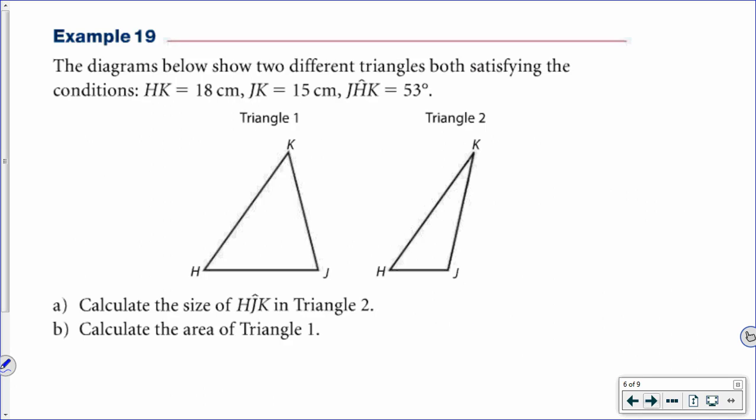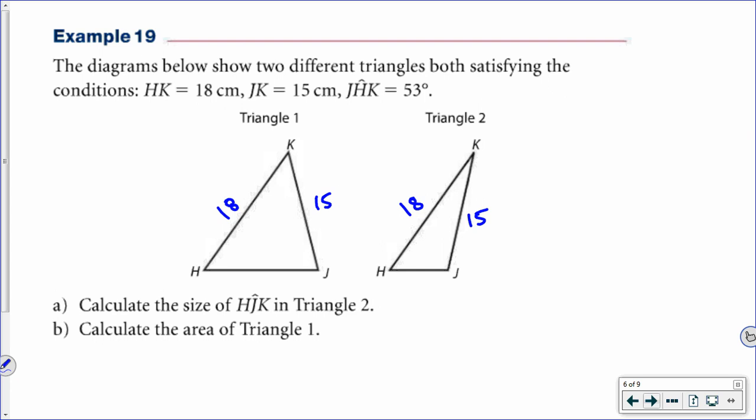So here's another example. This time it's telling us that we have two possible triangles with the given information. So this is one of those special cases where the first angle you find could be acute or it could be obtuse. If I just labeled a picture with the given information, I have HK is 18 in both cases, same length. JK is 15 in both cases.